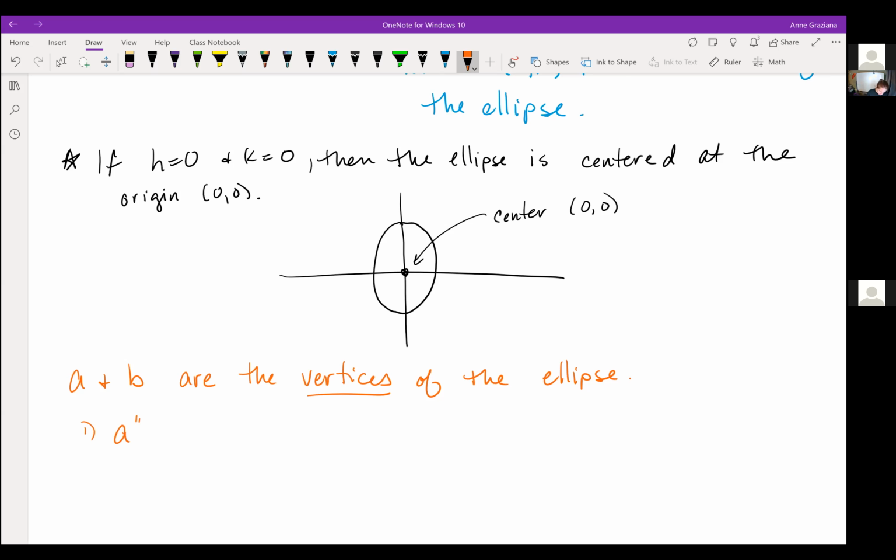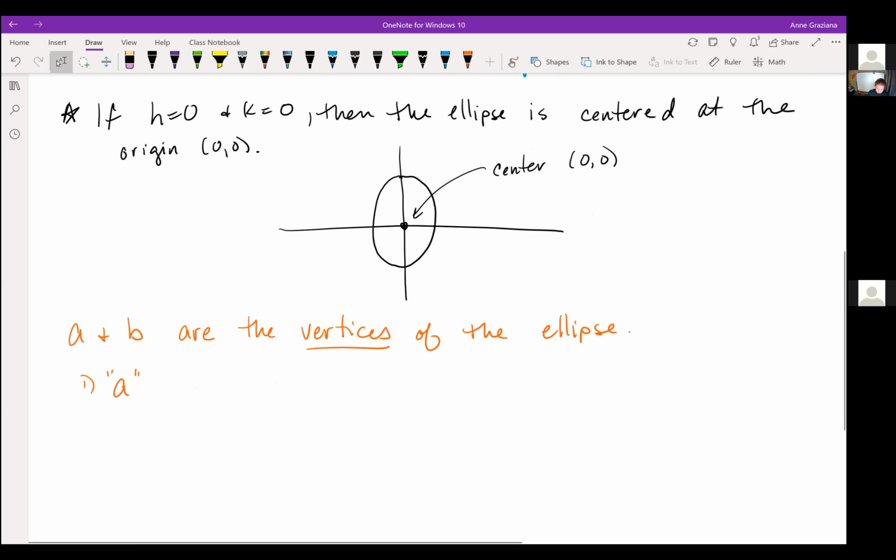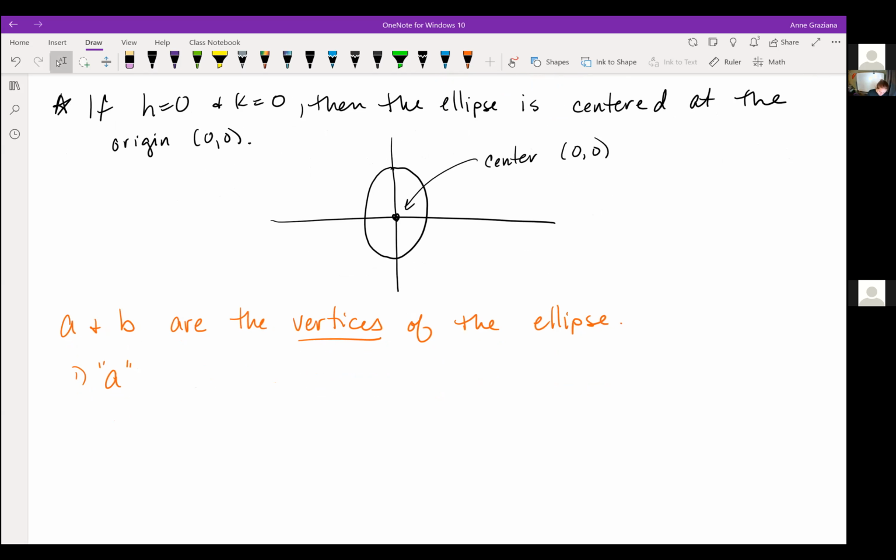So a tells you the number of units from the center the ellipse is stretched horizontally. From the center.